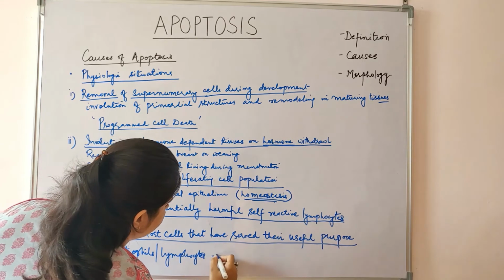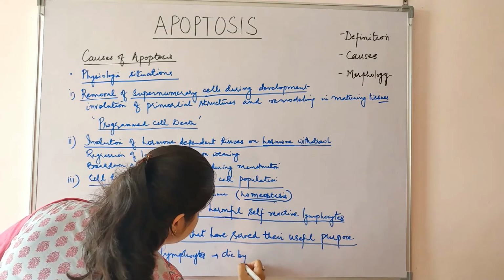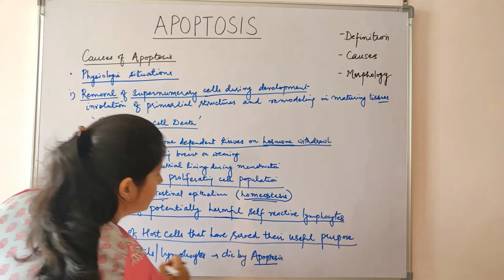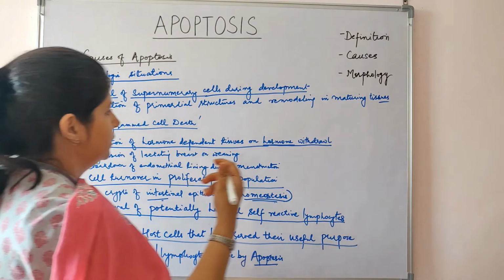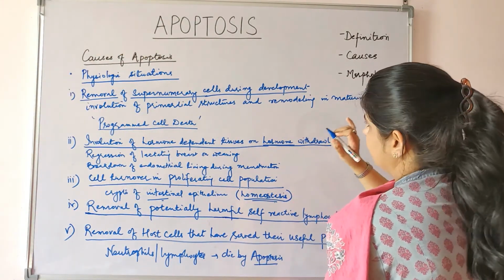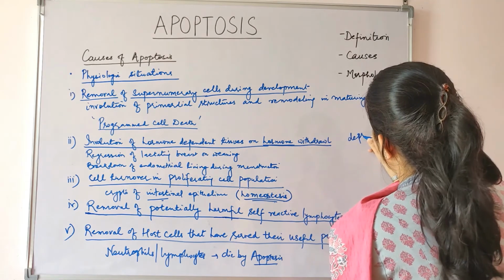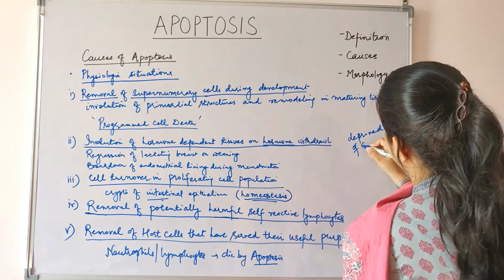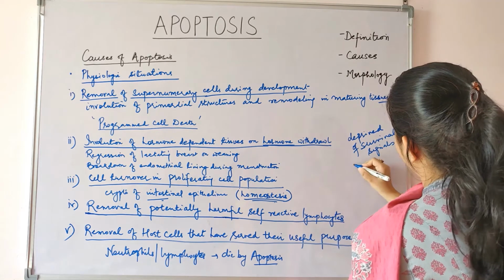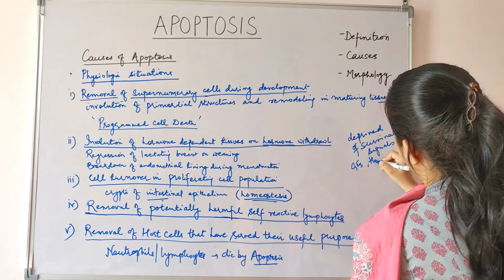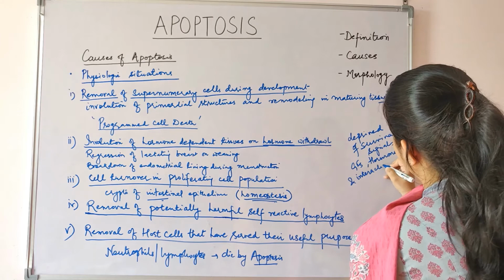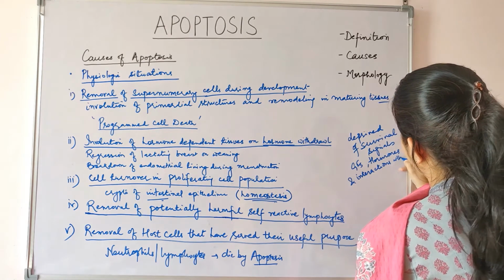They die by apoptosis. So what is happening at the molecular level? These cells are deprived of survival signals, which are in the form of growth factors, hormones, and interactions with the extracellular matrix.